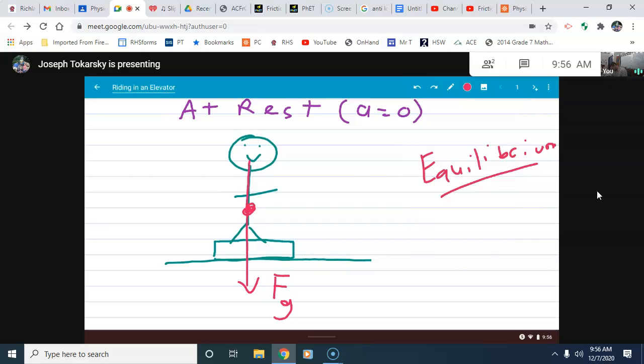And the normal force points this way. Now we've all been on a bathroom scale before, and we know for it to work we have to stand very still. All right? So if we're standing very still in an elevator and the elevator is not moving at all, not accelerating in particular, but in this case at rest, then these 2 forces balance.